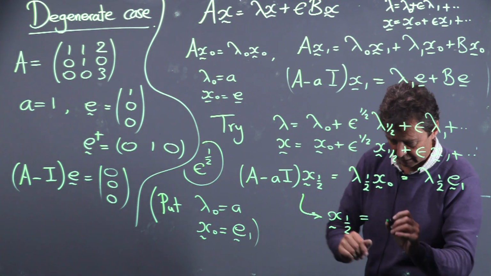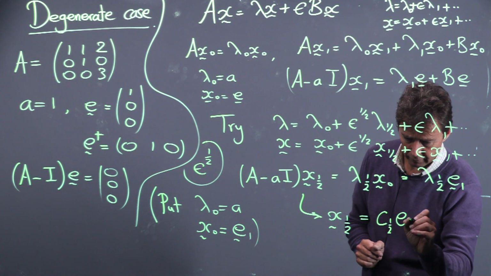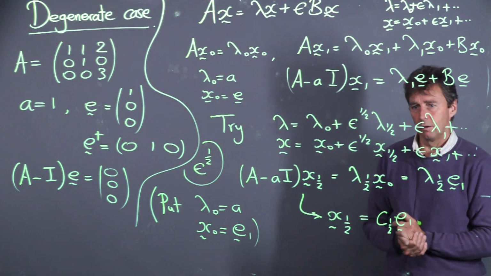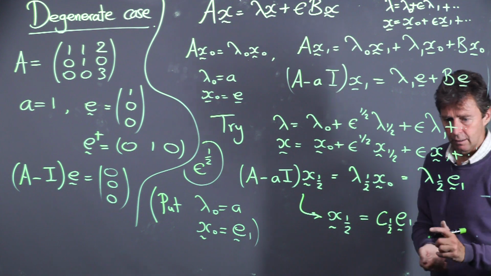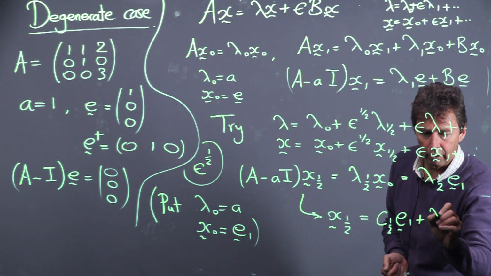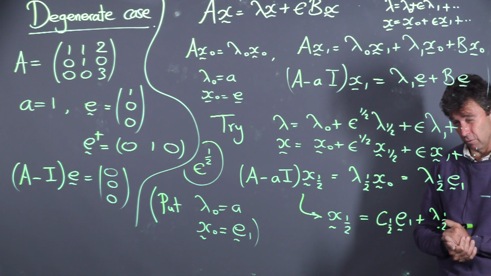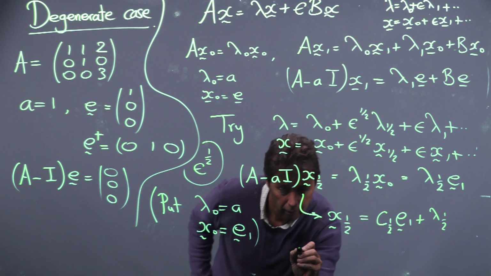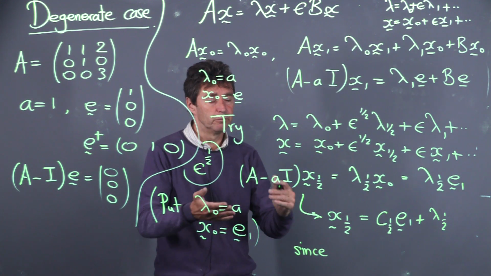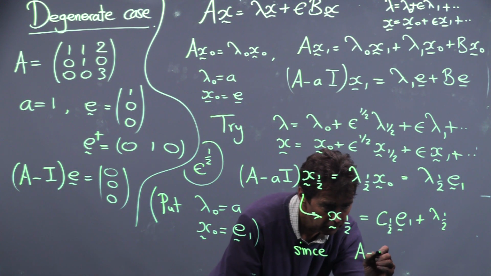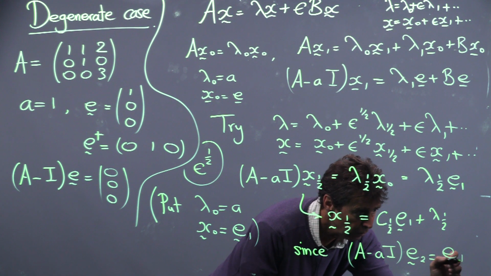And in fact, there's always going to be something, let's call it C1 half times E1. There's always going to be some multiple of the original eigenvector in there. That's the bit that's not determined. And then there's going to be something else in there, and there's a lambda to the 1/2 there. So the particular solution here is going to be proportional to lambda 1/2. And then I just use this technology of the generalized eigenvectors, because I know that A minus AI times E2 is equal to E1.